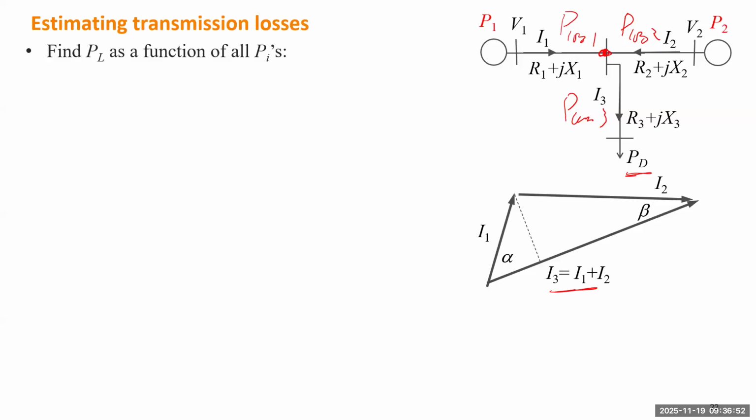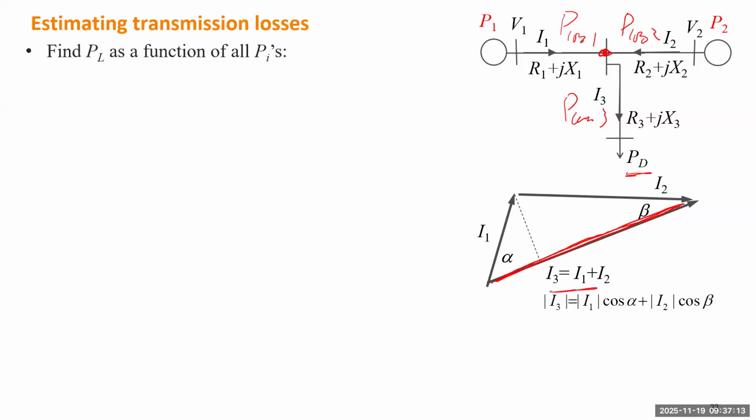Which will form a triangle because all the 3 currents are phasors. Because we only want to know the magnitude of current, the magnitude of I3, which is the length of this phasor, will be the longest edge of this triangle.